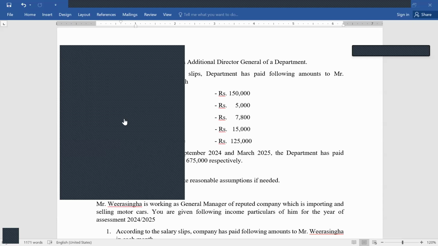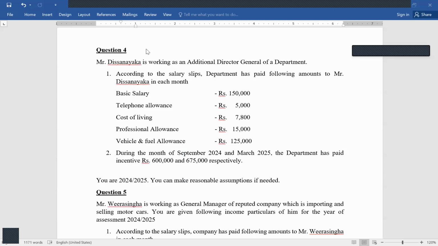What is 1,005? Vehicle and fuel loss 1,005. Incentive 1,275. Then total employment income 490. Personal relief taxable. Oh, total personal relief is also given. So for 24, 25. Okay, we will discuss it later.